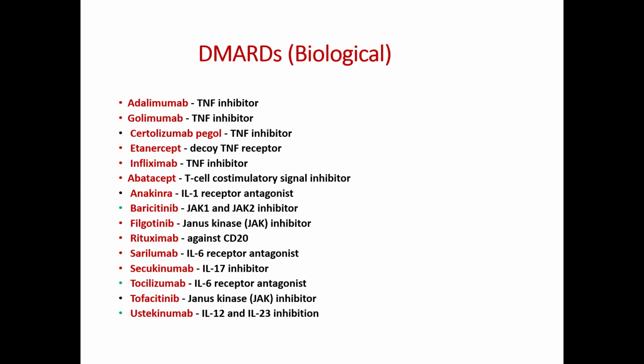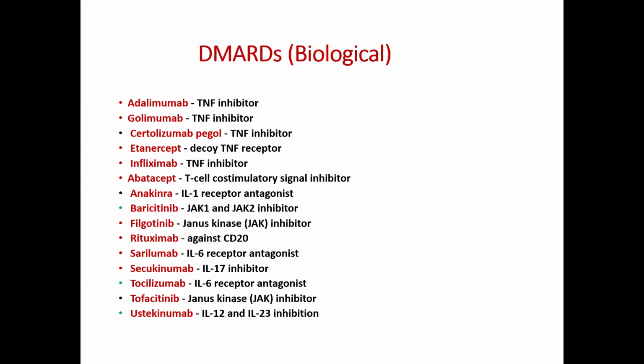Tocilizumab, interleukin-6 receptor antagonist. For rheumatology fellows, this really matters, these mechanisms of action, because if you understand the basic pathophysiology of the disease and which mediator is involved, you'll be able to prescribe the right biological DMARD.